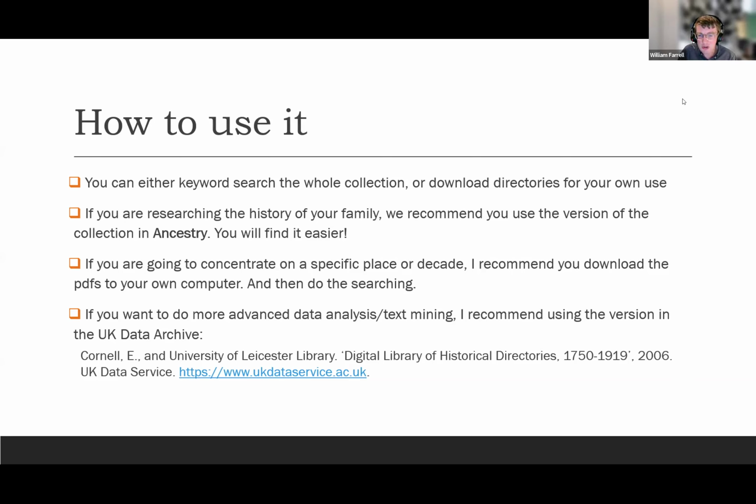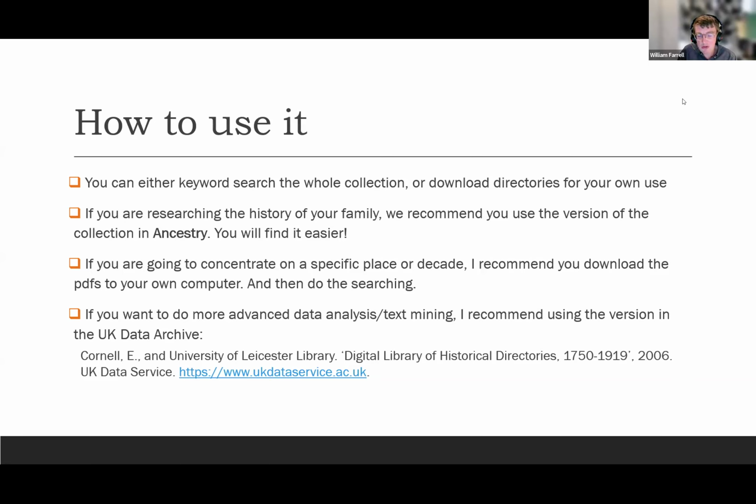If you are interested in doing some more advanced data analysis, text mining, something very complicated, I would recommend using the version of our data, our collection that is in the UK Data Archive, which is a UK government-funded repository of data that's come out of various social science research projects. We deposited the original images from the digitization and also the underlying text in the UK Data Archive.